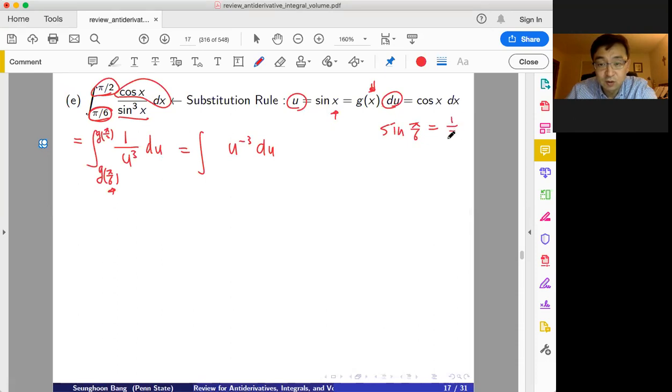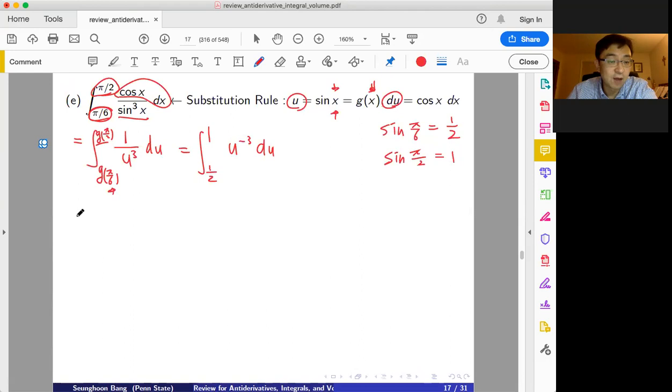Yes, 1 over 2. You're right. What is g of pi over 2? Plug pi over 2 in here, sine pi over 2. What is sine pi over 2? Yes, 1. So we have it.